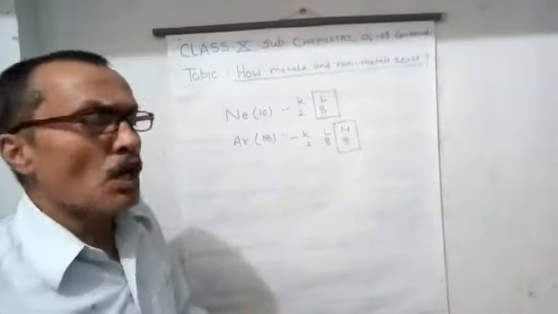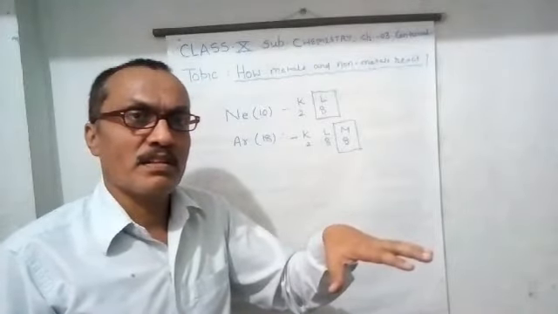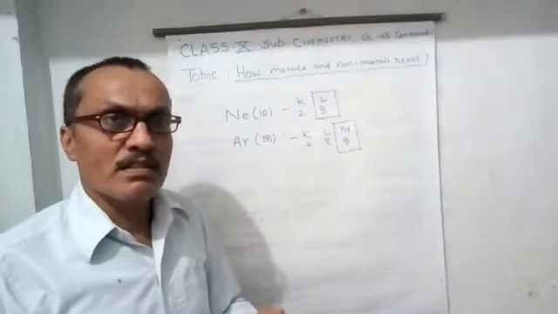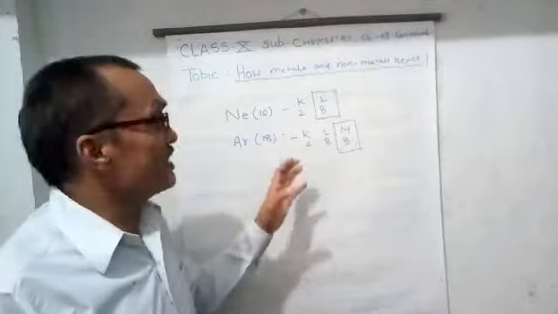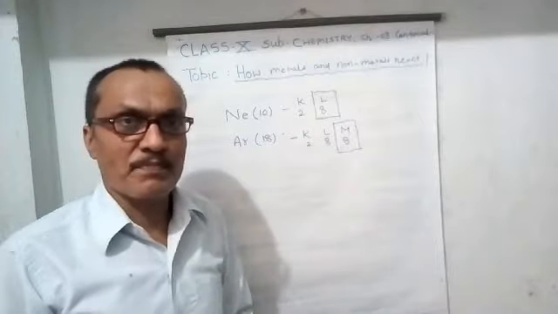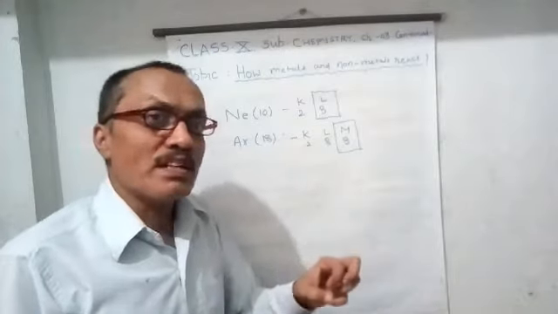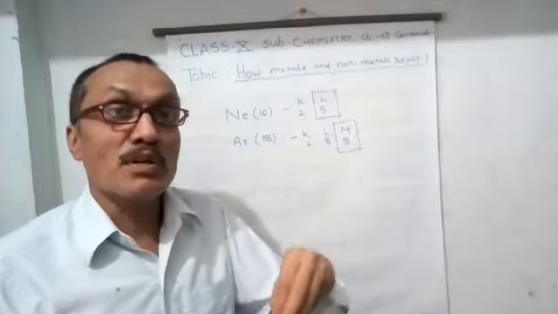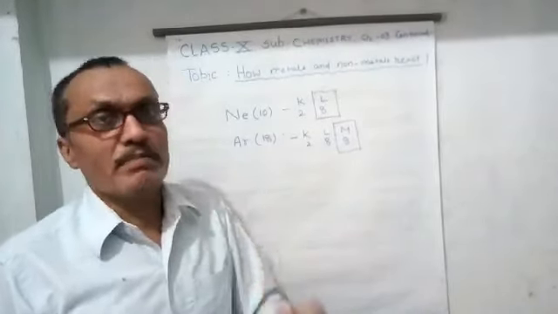So students, all other elements try to attain the electronic configuration like these noble gases. All elements tend to attain 8 electrons in their outermost orbit so that they can be stable.